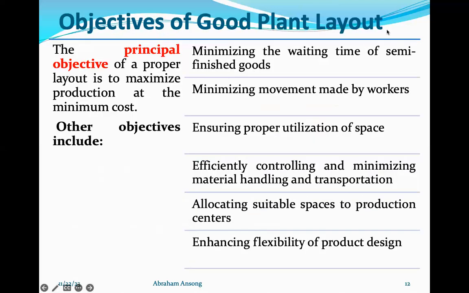So what are the objectives of a good plant layout? Why is it important that in your organization you ensure a proper layout? So the principal objective of a proper layout is to maximize production at the minimum cost. Okay, so you want to make an efficient use of your space, your machines, to maximize production at the minimum cost. I explained the minimum cost bit.